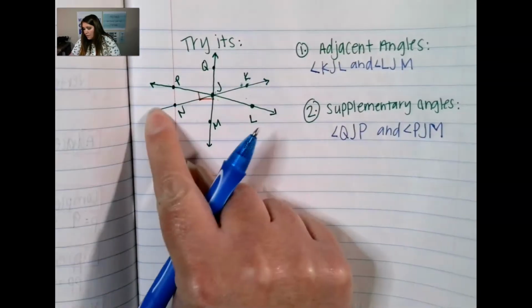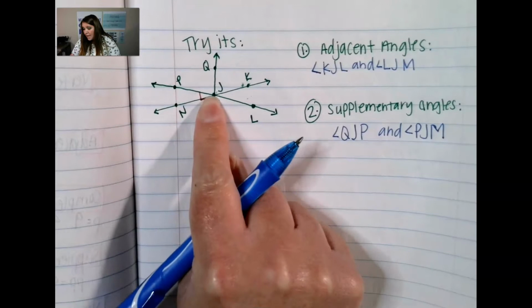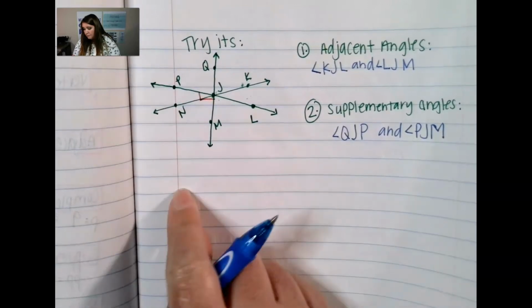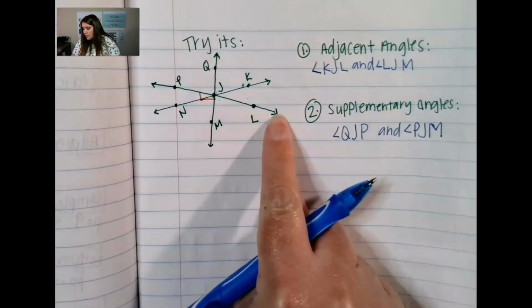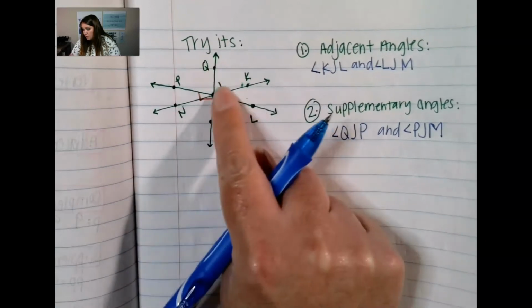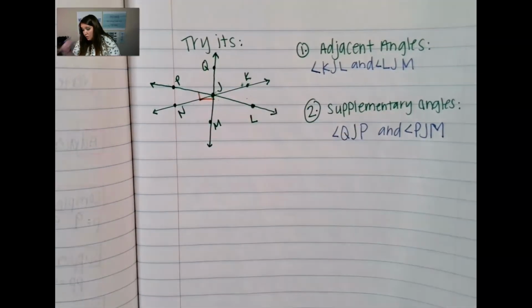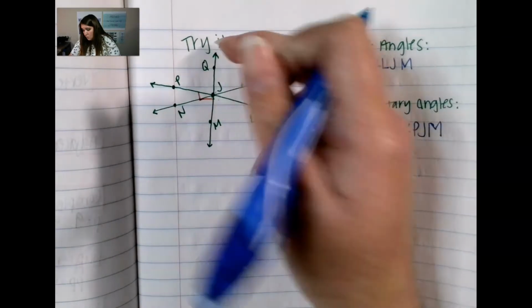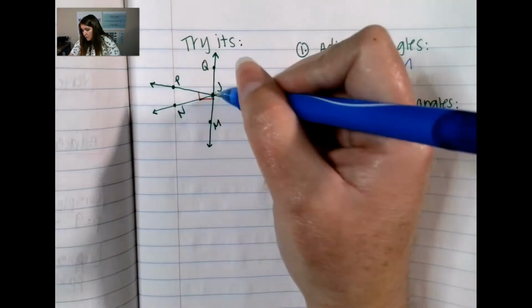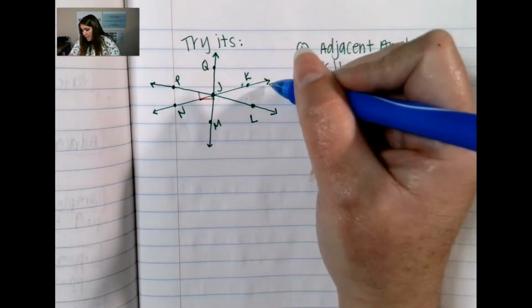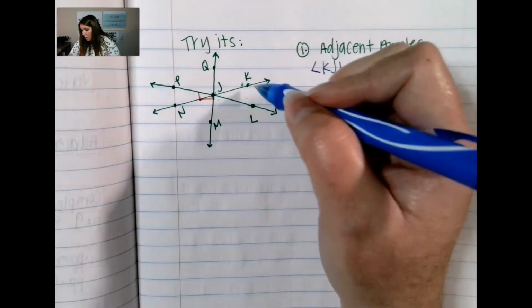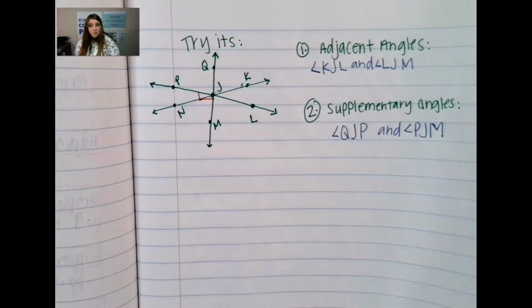I ignored the N. If you use the N, you would have ignored the P. If you use this line here and use this one, you would have ignored the K. You could have used the K and ignored the Q. So P, J, K, or K, J, L. That works. There's so many options, you guys. You can use any of those. Hopefully this worked for you.